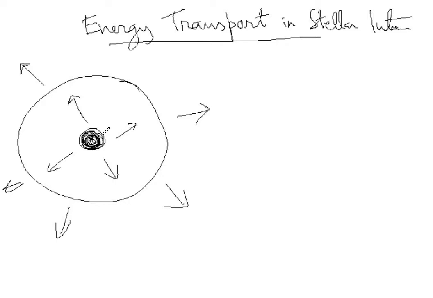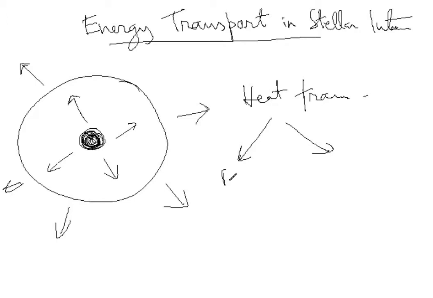In the stellar interior, where matter and radiation are always in LTE and the mean free path of both photons and gas particles is extremely small, heat can be transported in basically two very important ways.